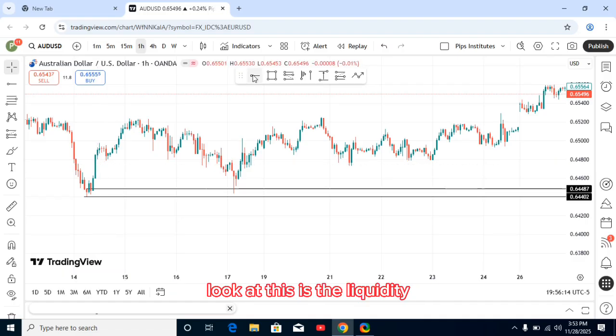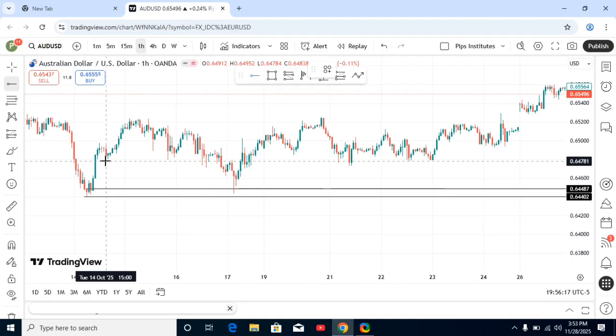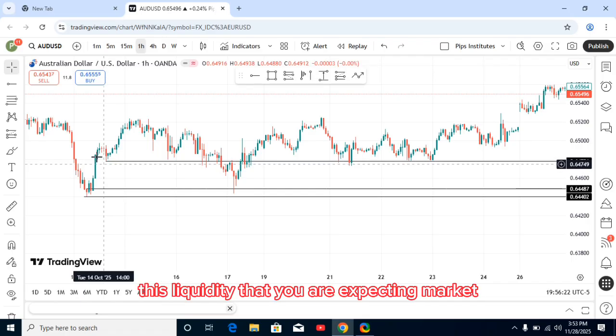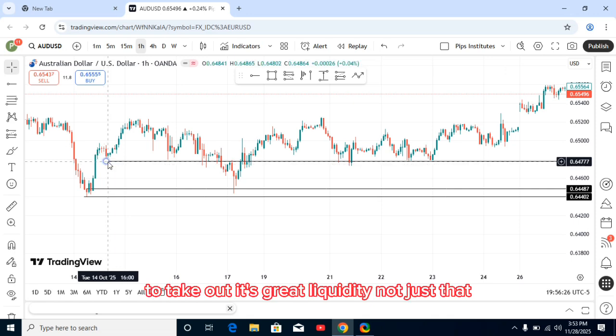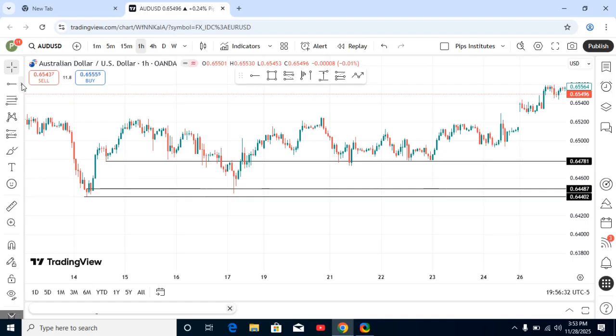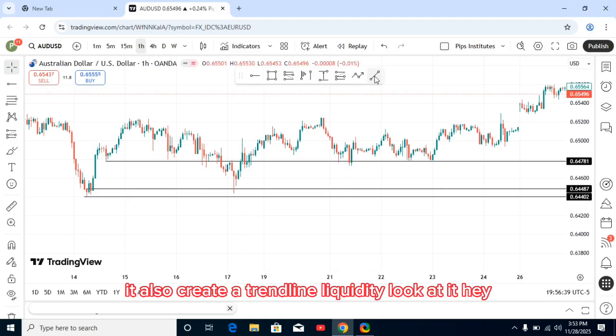Look at this, this is the liquidity. This place, where the market comes down, is liquidity that you are expecting the market to take out. It creates liquidity. Not just that, it also creates a trend line liquidity. Look at it, right.